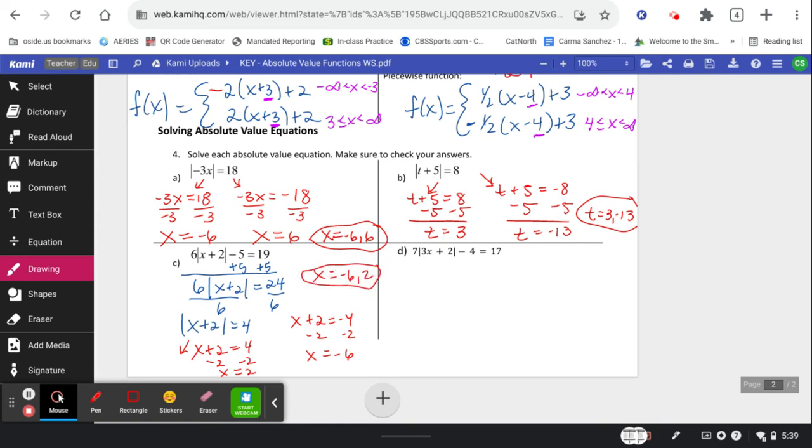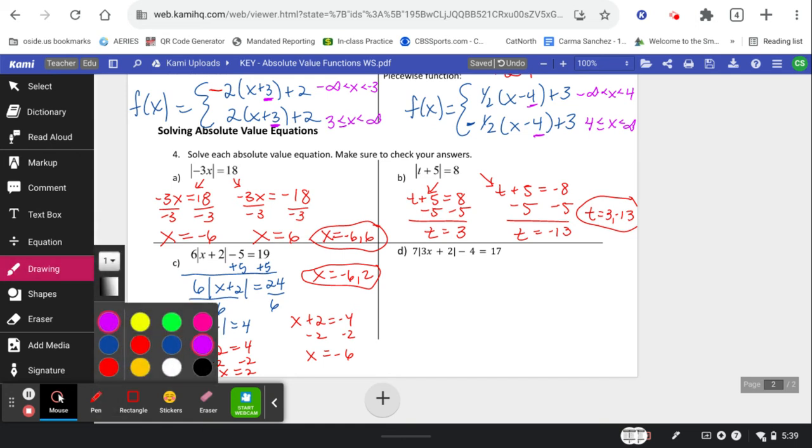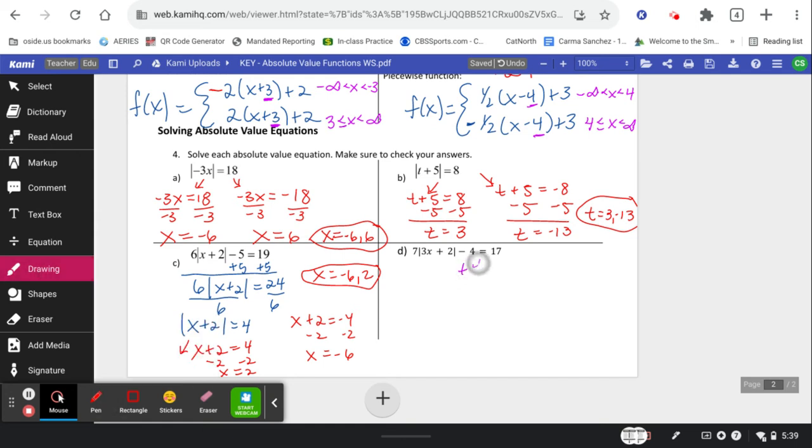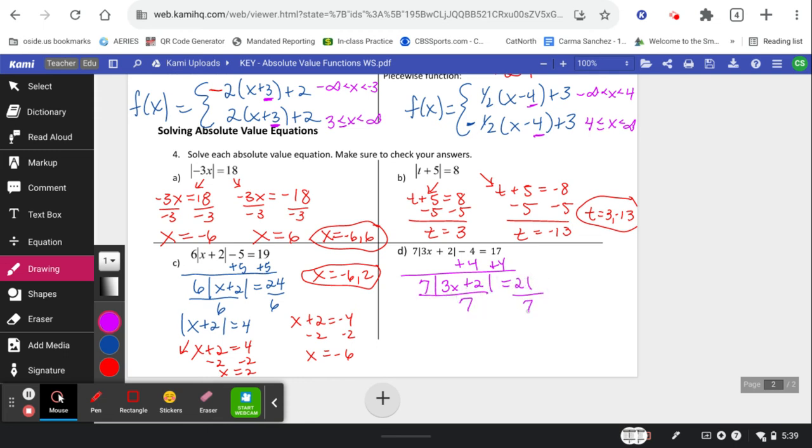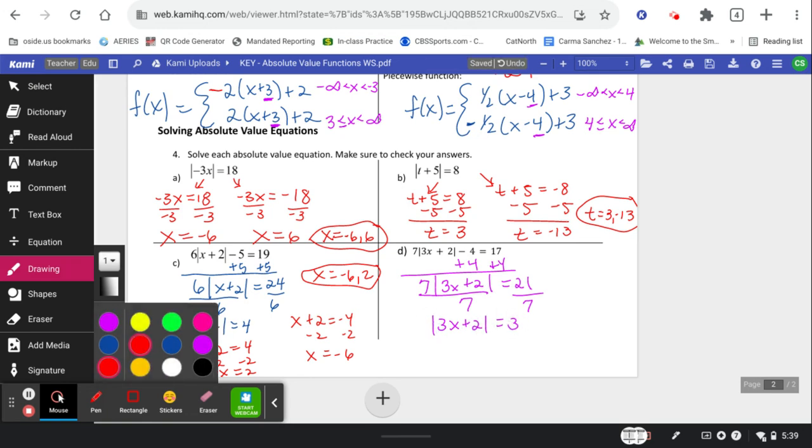Pause it, try the next one, then check your work. All right, did you add 4? Okay, now that it's isolated, now I'm able to split.